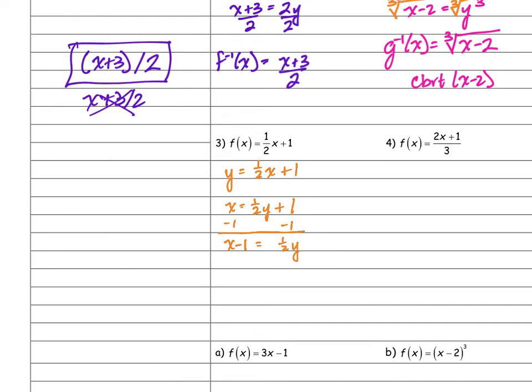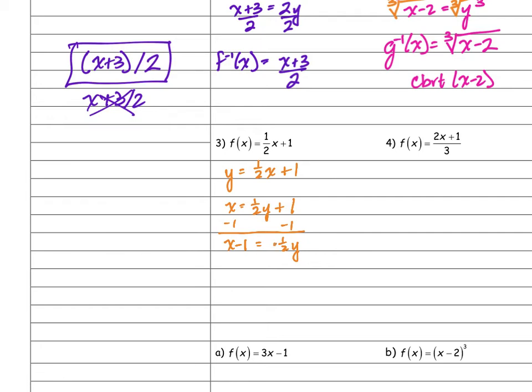Okay, so now I have to get rid of the fraction. How do I undo a fraction? Multiply by its reciprocal.